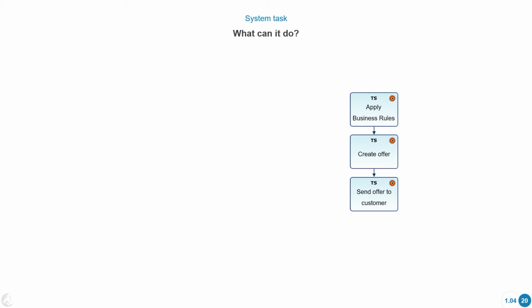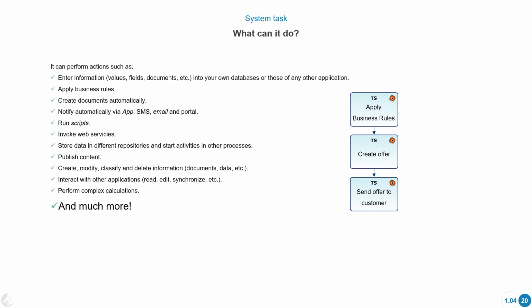So what can a system task do? It can do all kinds of things. Here we've got a simple list, but we'll see throughout the courses that there are a lot of different things that a system task can do. For example, we can input information, combine information, segregate information, apply business rules, create documents automatically, notify via email, SMS, or app, run scripts, and invoke web services.